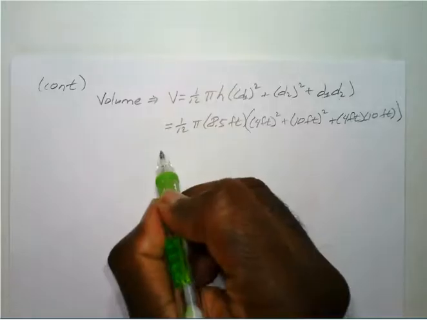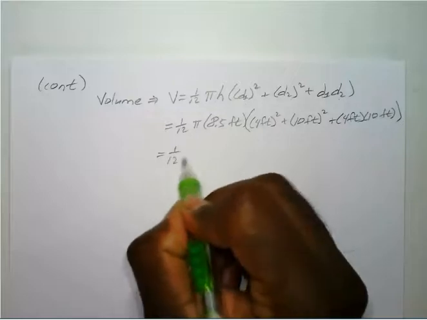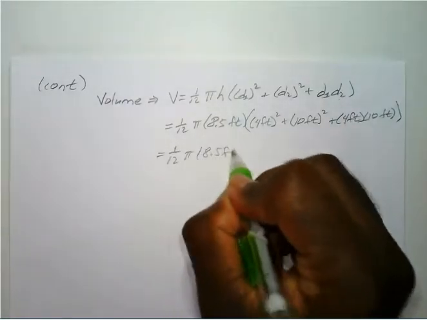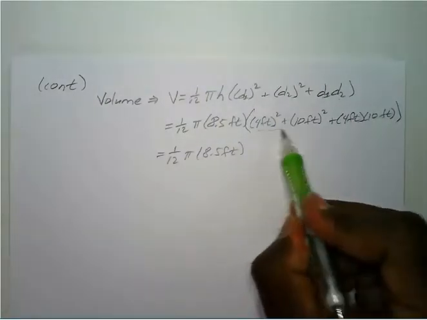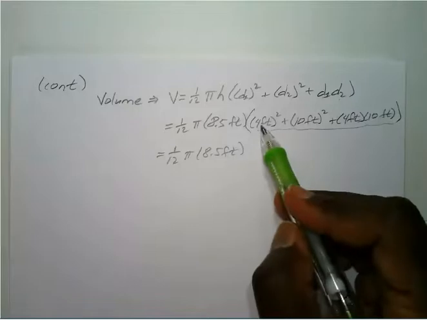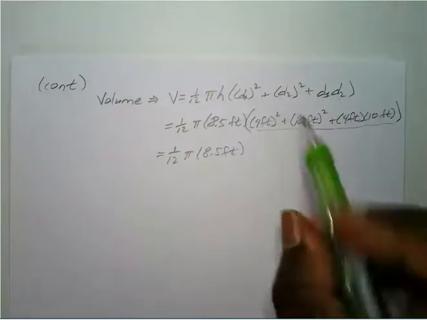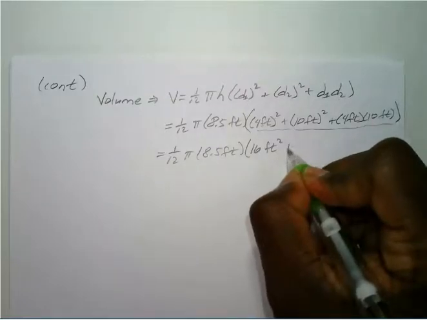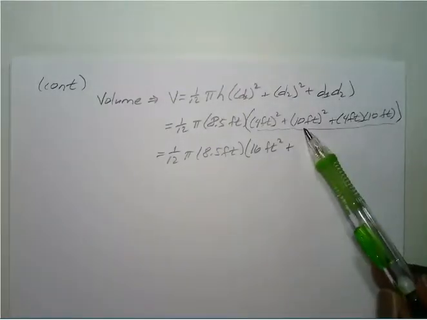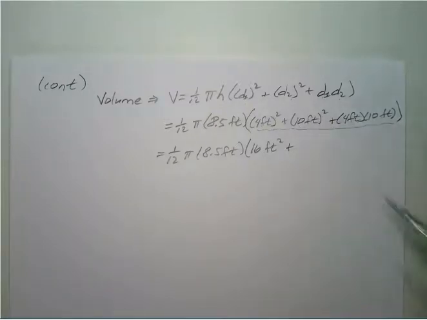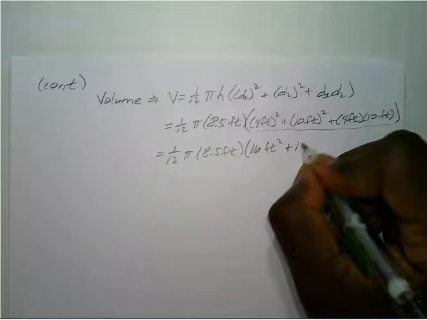Okay, so let's go ahead and simplify it. So we have 1 over 12 times pi times 8.5 feet. Remember, we have to simplify what's in there first. So 4 feet squared, it's 4 feet times 4 feet. So that's 16 square feet. Plus 10 feet squared is 10 feet times 10 feet, which is 100 square feet.